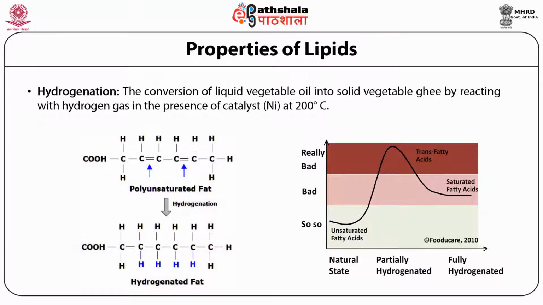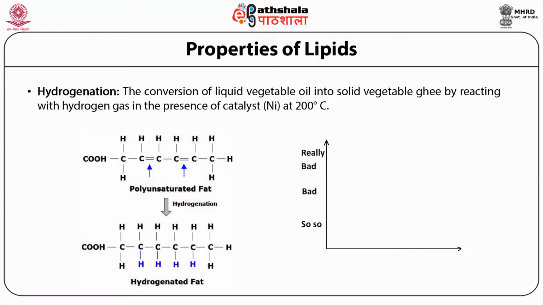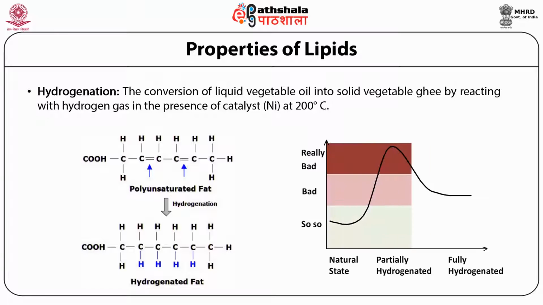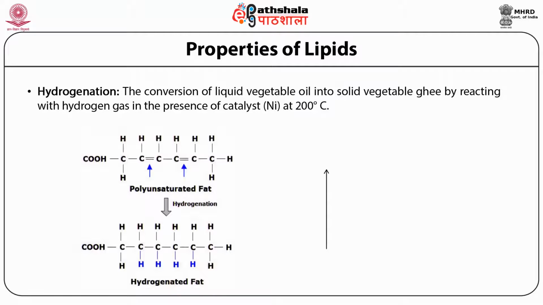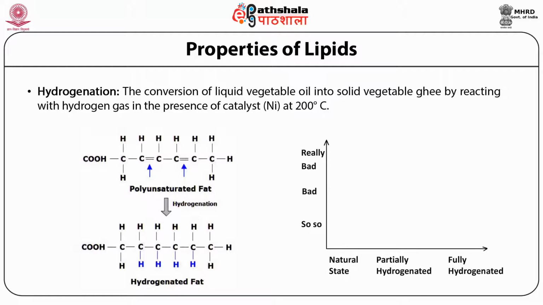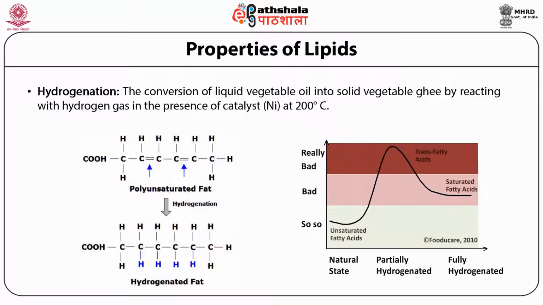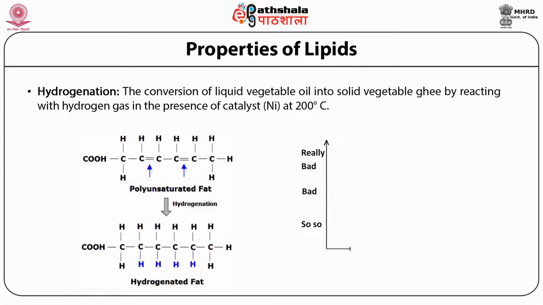In this phenomenon, the conversion of liquid vegetable oil into solid vegetable ghee takes place by reaction with hydrogen gas in the presence of the catalyst nickel at a very high temperature of 200 degrees Celsius.